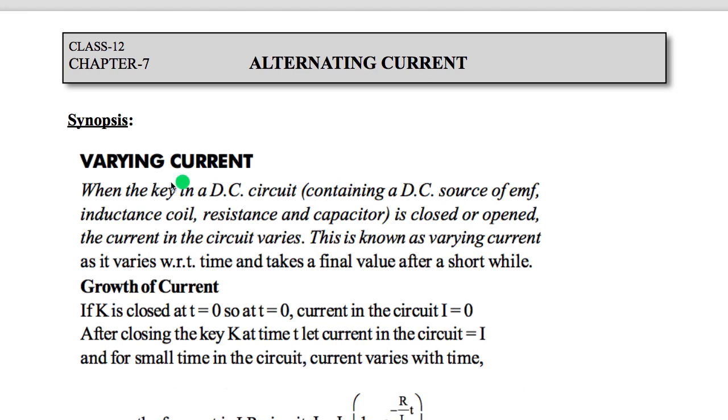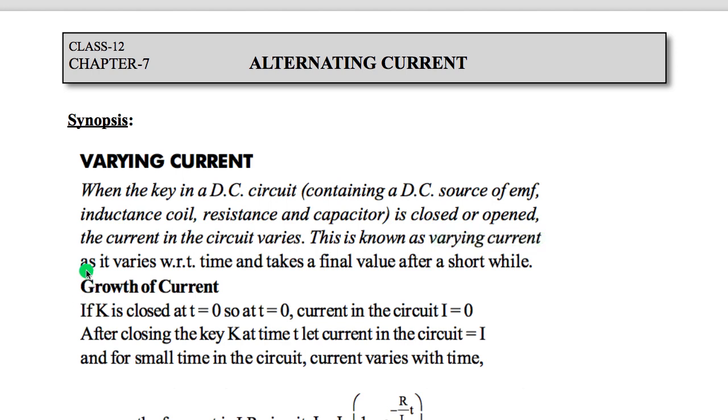When the key in a DC circuit containing a DC source of EMF, an inductance coil, a resistance and a capacitor is closed or opened, the current in the circuit varies. This is known as the varying current.